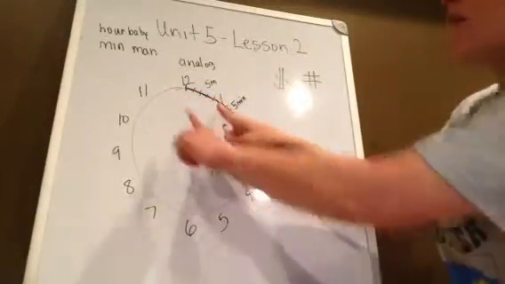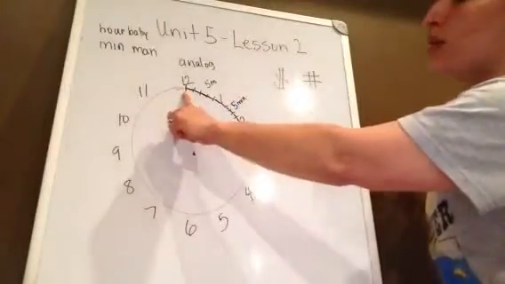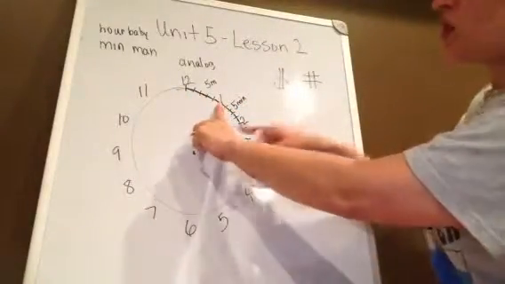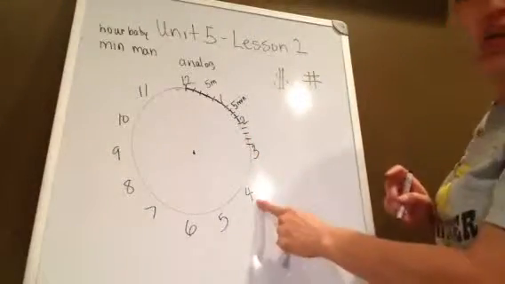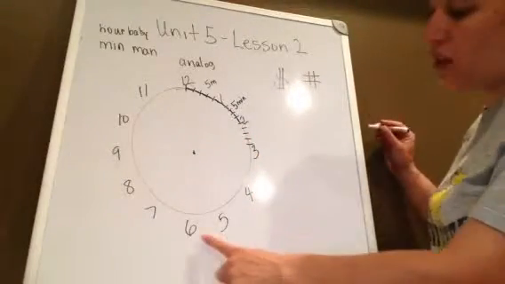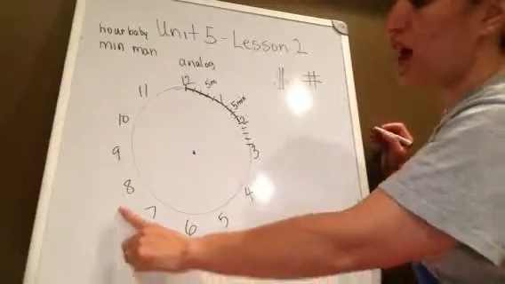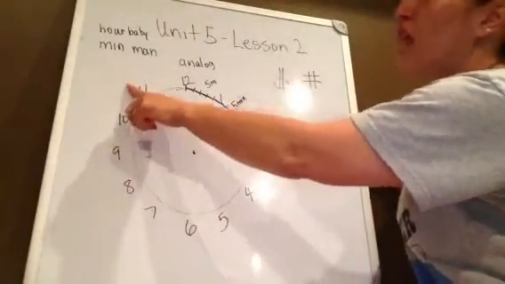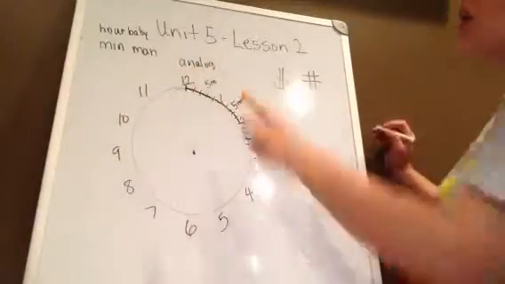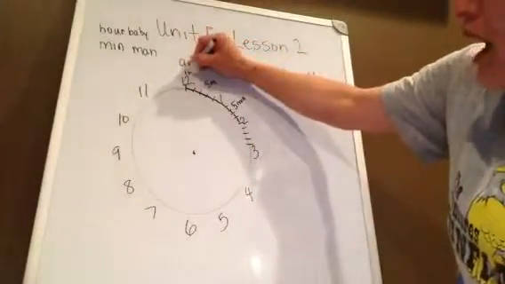So we know that there's 5 between here and here, so we would count 5. Then there's another 5 chunk, 10, 15, 20, 25, 30, 35, 40, 45, 50, 55, 60. And we know that when we get to the top, we're at 1 hour.